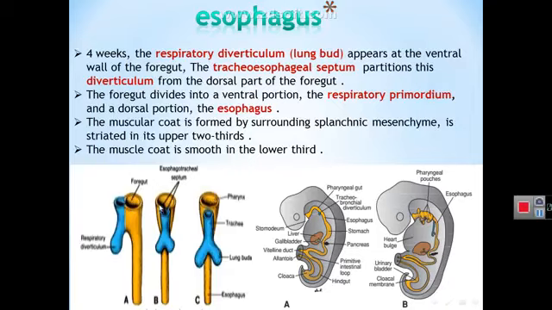The two esophageal ridges fuse to form the tracheoesophageal septum, separating the lung bud from the foregut. So the foregut is divided into a dorsal portion, the esophagus, and a ventral portion, the respiratory diverticulum or the lung bud.